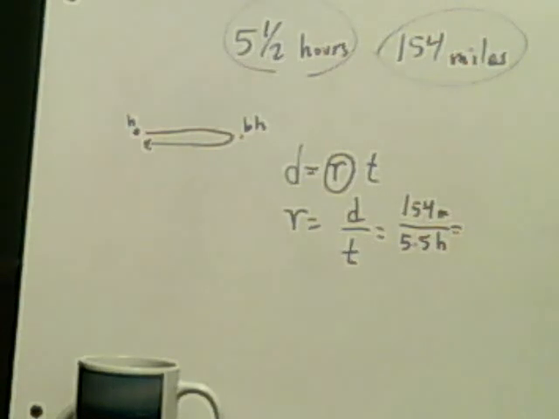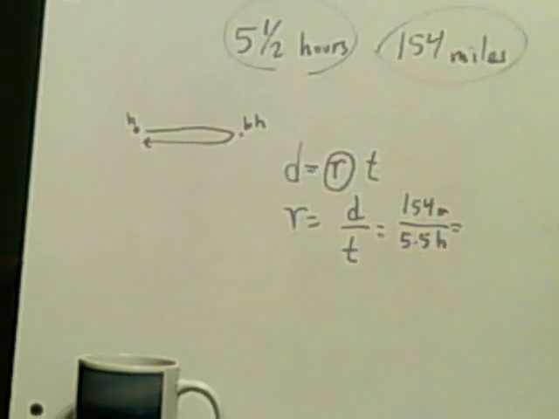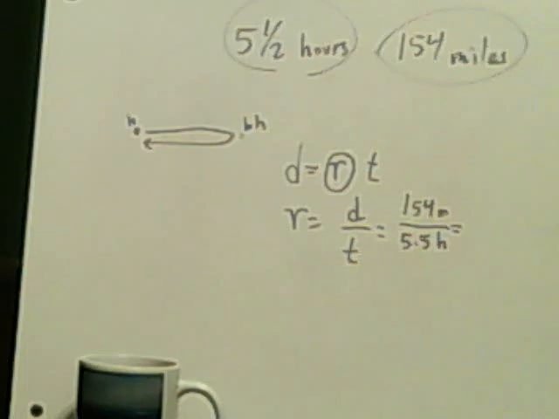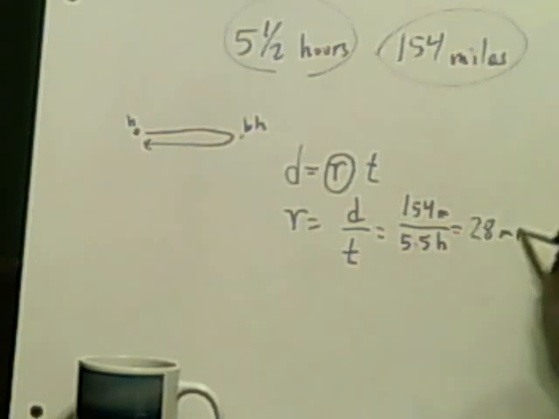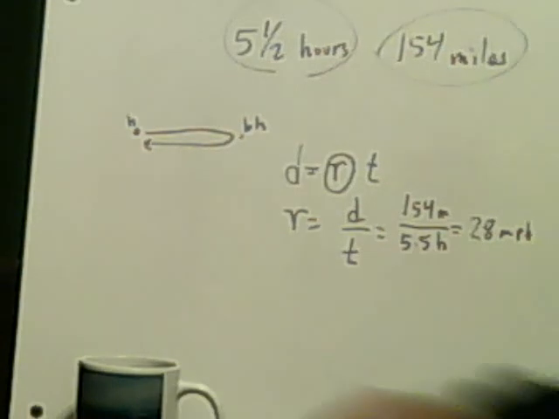I'll just do that on my calculator because I thought it wasn't going to come out to a nice round number. 154 divided by 5.5 equals 28. Oh, that came out to a nice round number. 28 miles per hour, MPH. Miles per hour. Yep. So that's the answer, 28.